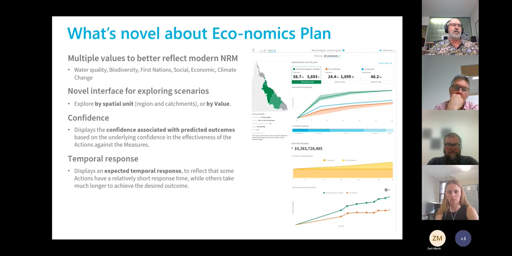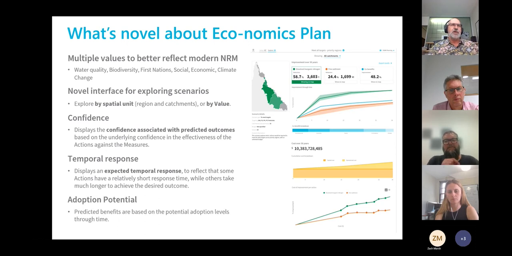We want to represent the temporal response, so to be able to consider in a portfolio some actions that work very rapidly, like piling, using rock work or pouring concrete, compared to revegetation work. And we want to consider the likely adoption potential of these things, because all of these actions by and large occur on privately held or privately managed lands anyway, so we've got to be able to convince the landholder to come on board.